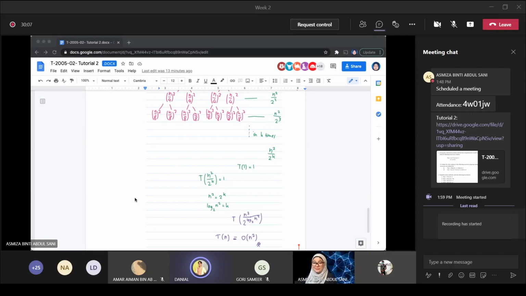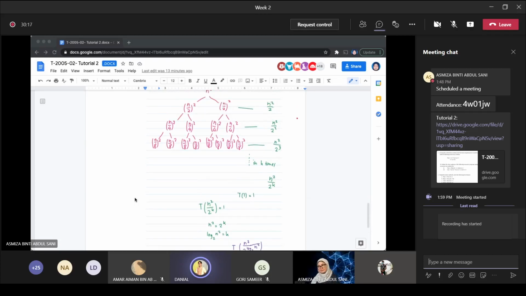Wait, I just want to clarify one more thing. As we go down the tree, the T will turn into T of 1, right? Yeah, and the base case, the levels will be going down until n over 2 to the power of k, right? Yeah. Then you find what k is, the value of k. That would be how deep your tree is, the height of your tree.